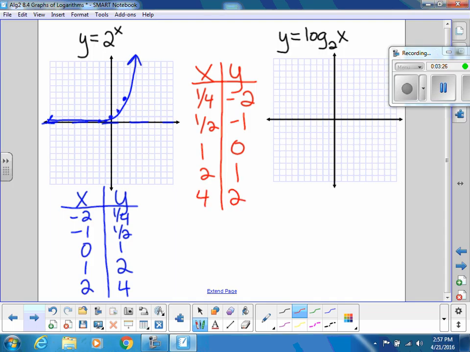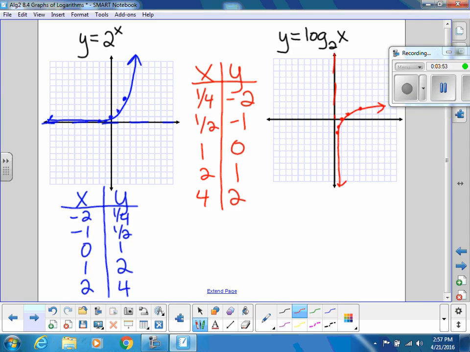So let's see what that looks like when we graph that. So if I go to x is 1/4, and then that's like -2, that's like there. And then 1/2 -1 is here. 1 0 is here. And then I have 2 1, and then 4 2. So if I were to keep going, it would look like this.